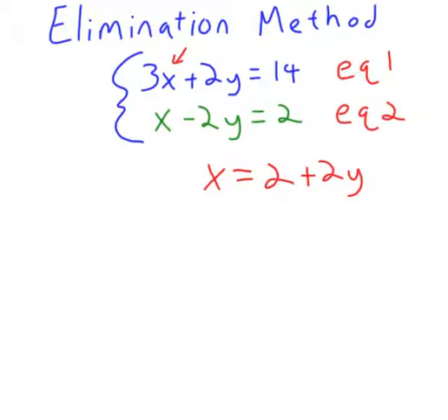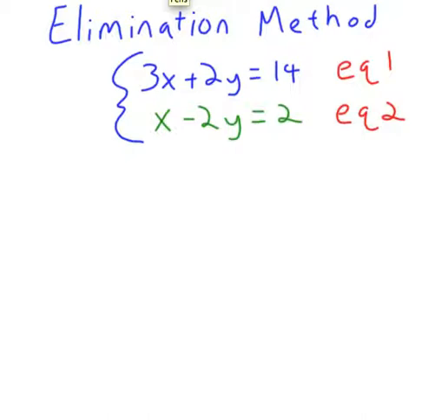Now, that works great. You can do that a lot of the time. But we are going to use a different method in this session. We're going to use the elimination method. This one is pretty cool if you have the right setup for it. If the numbers work well, it can be a pretty quick, neat method. You may remember this from your Algebra 1 days.